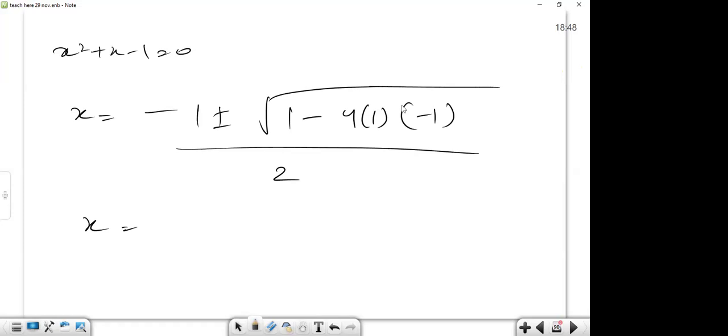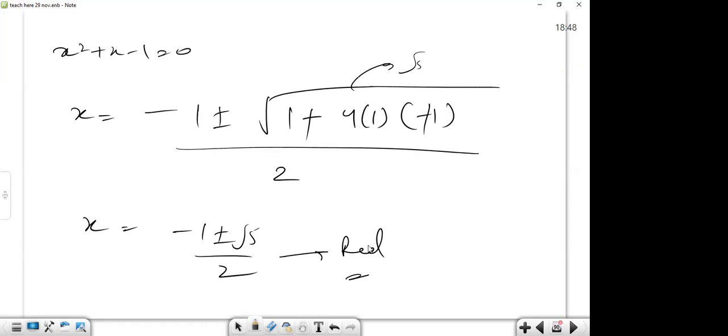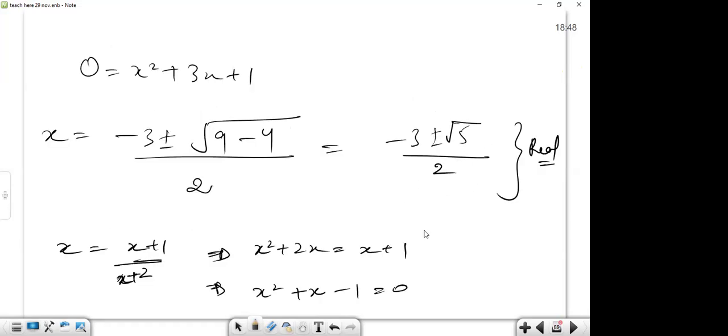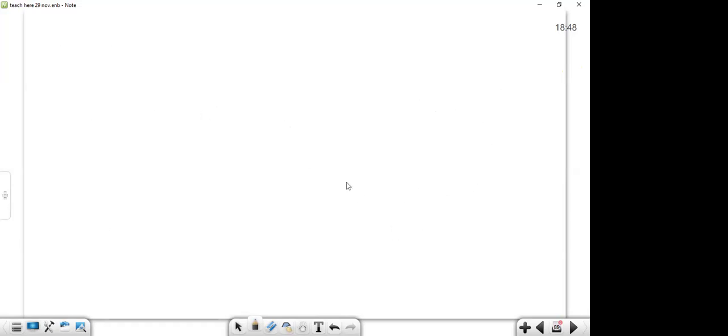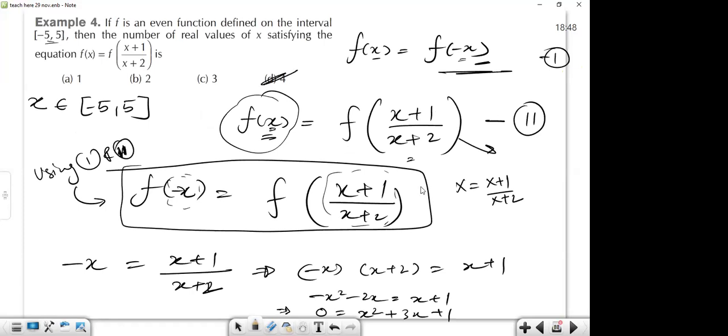So x is equal to 1 plus minus root 5 by 2, which is real. So these are two roots of x here, and two roots of x there. So how many roots in total? There are four roots. Clear? Any doubt? No, sir.